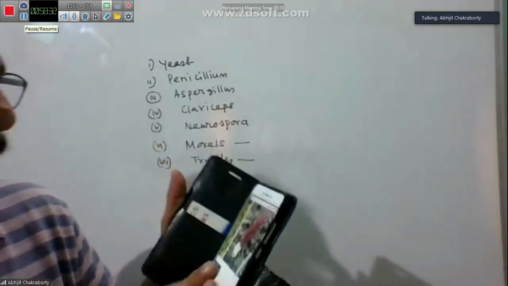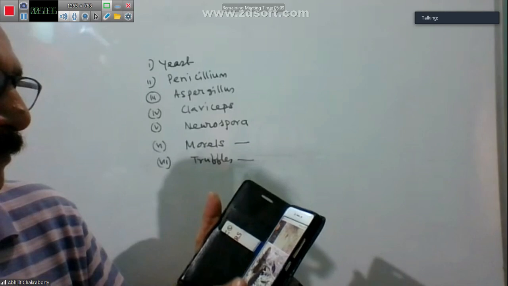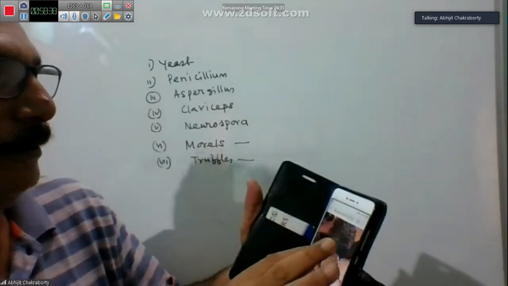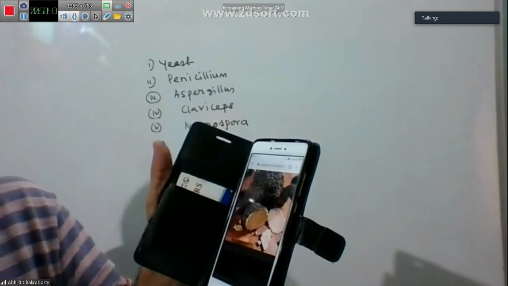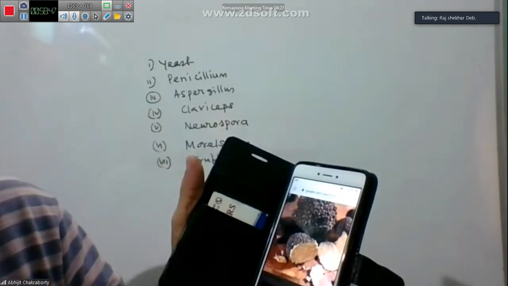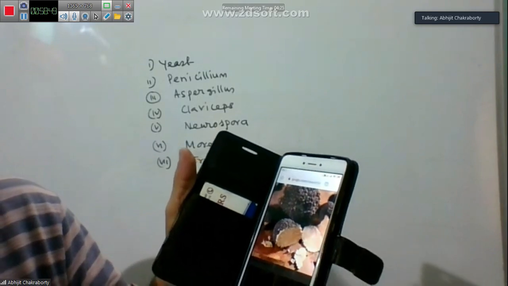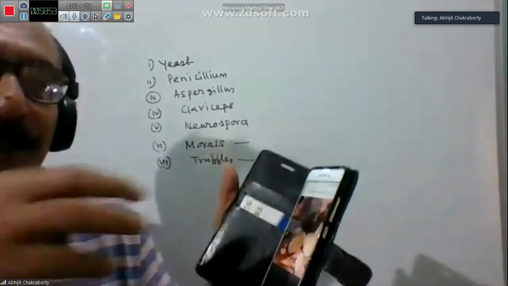Next, the truffles, I am showing you the truffles. It is also a fruiting body, which is called the truffle. It has to be taken out from inside the soil.